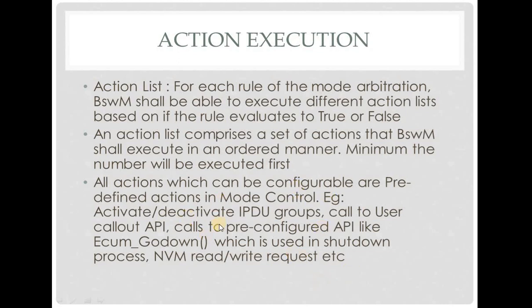So all the actions present in the BSWM are already predefined. You cannot add any new actions to it. If you need to add some new action, you can make that particular action a user callout action. So you can call one particular user callout, and inside that user callout, the developer can write their own sequence.